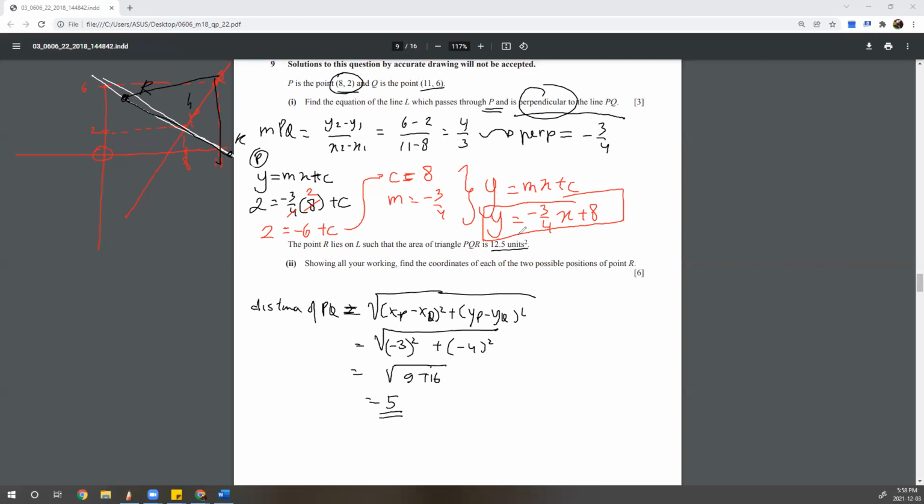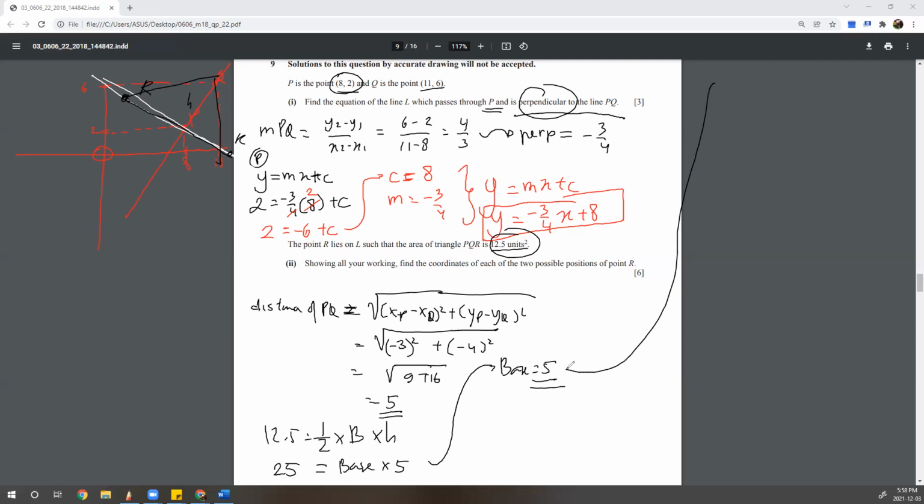So the area is 12.5. So 12.5 equals half times base times height. Remember? So you cross the 2, put cross multiplication. The base is unknown. The height is 5. So the length of the base equals 5, right? Then the base is the length of P with R, right?